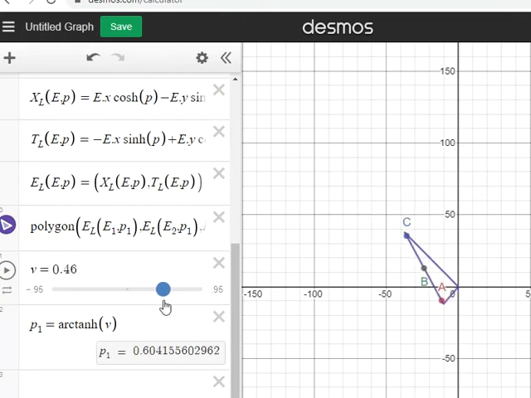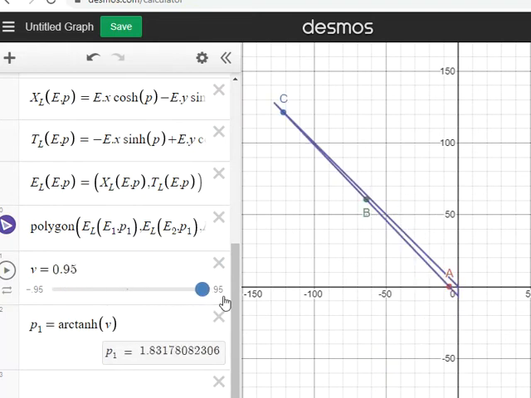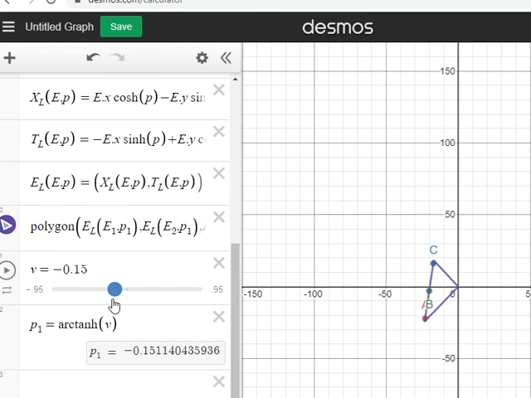So those events are in some sense just skipped as you go from positive 0.95c to negative 0.95c. So that is essentially the explanation for, or a part of the explanation for, the twin paradox.